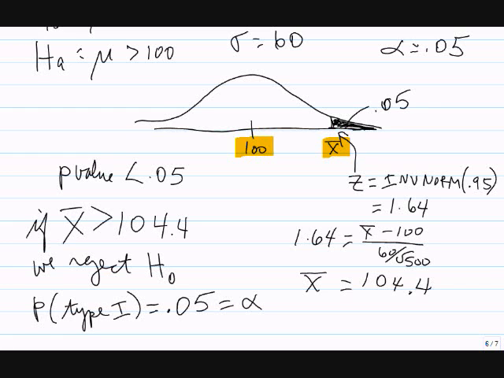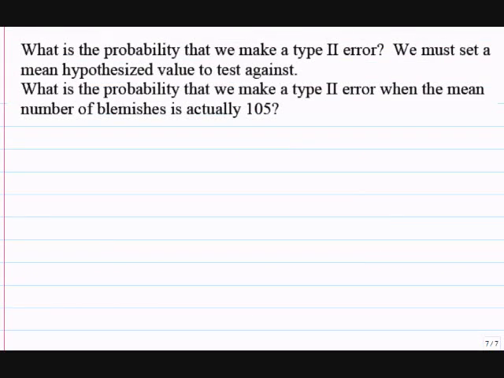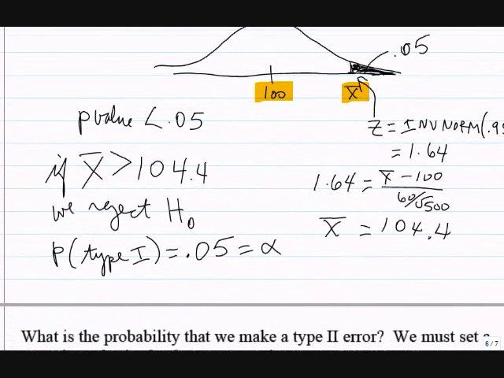All right. Type 2 error. Little harder. Got to have a little information that we generally won't have.